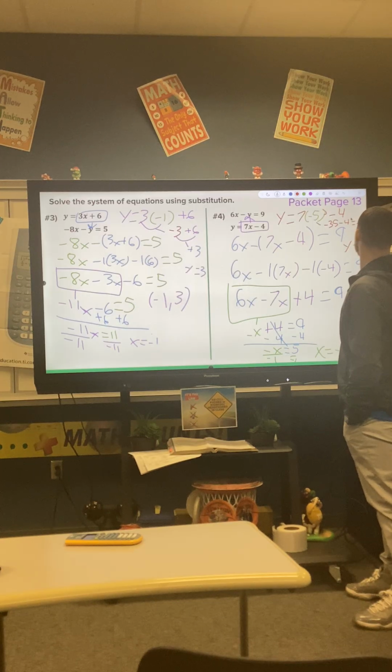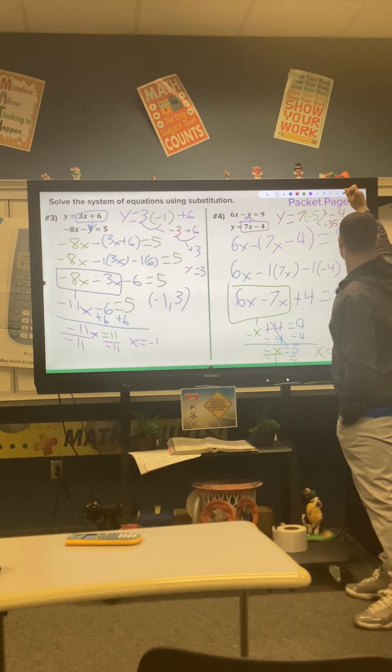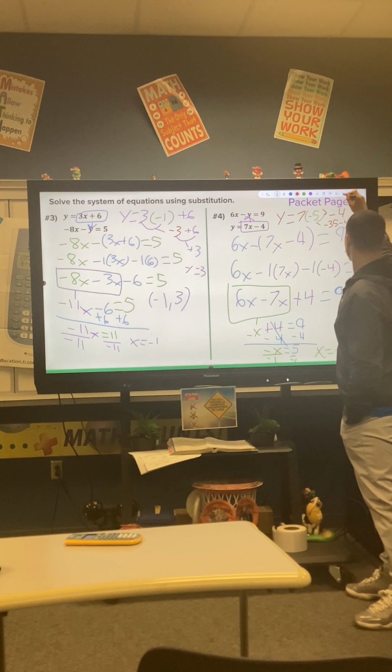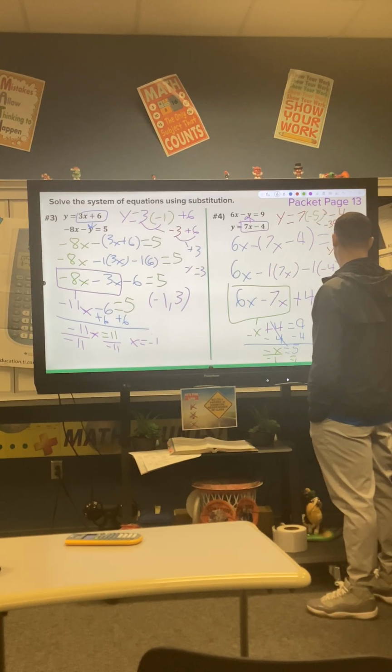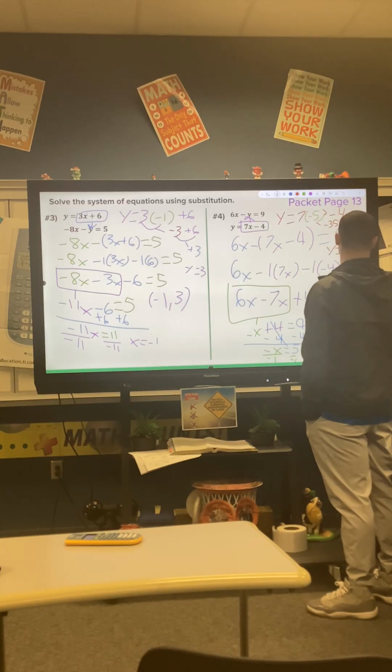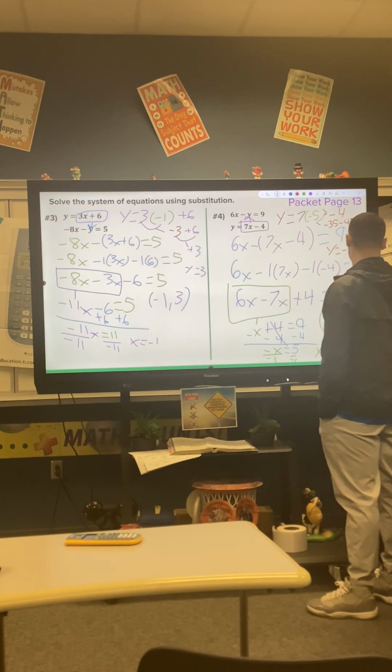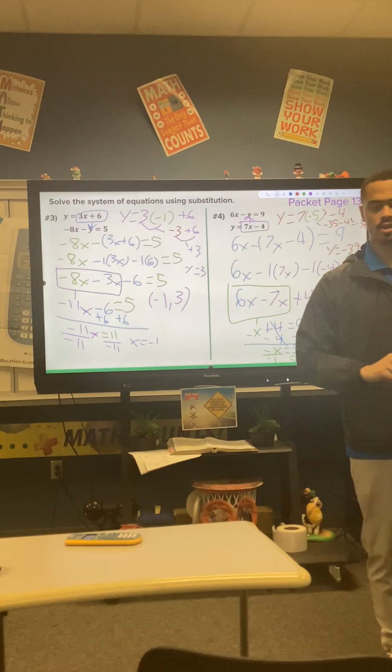So y is equal to negative 39. Meaning my final answer for my coordinate point is negative 5, negative 39. Being my final answer.